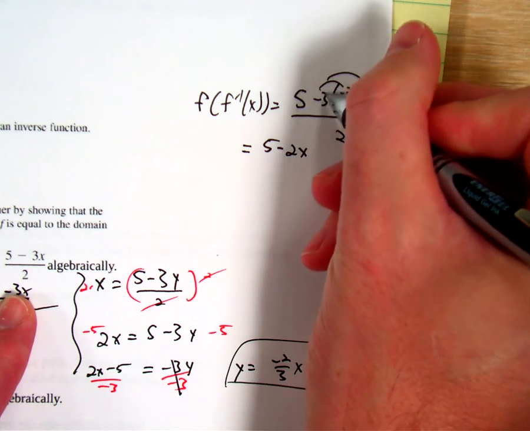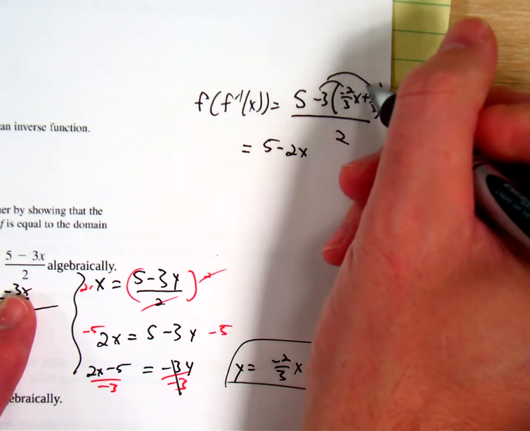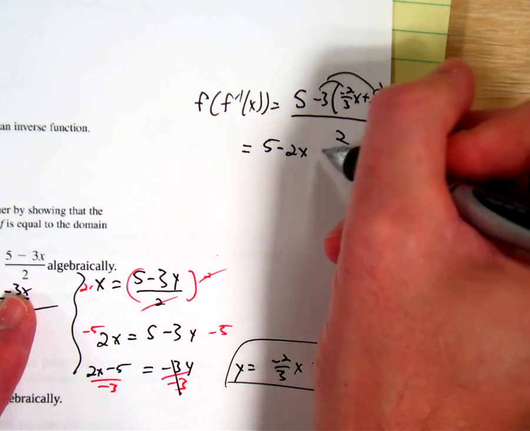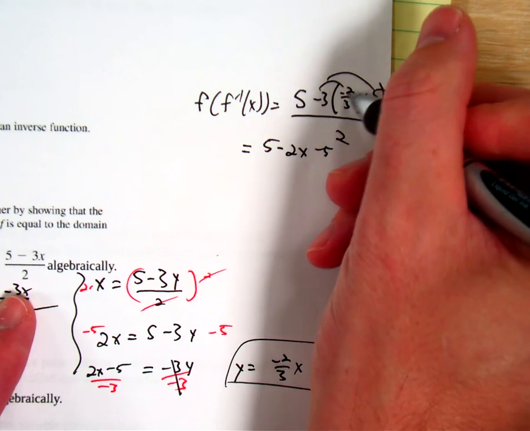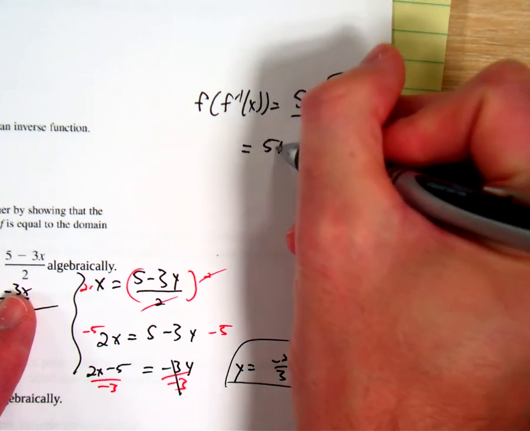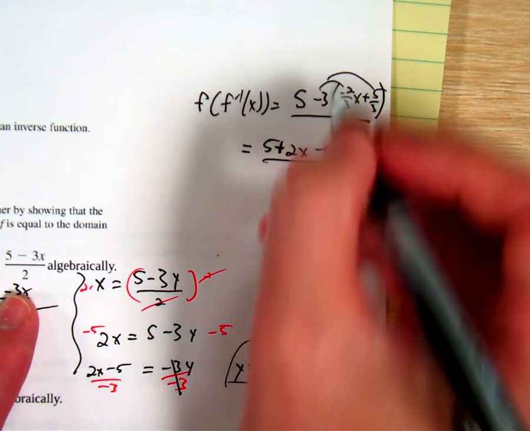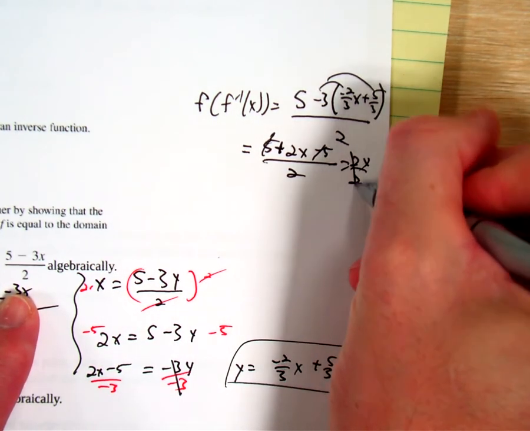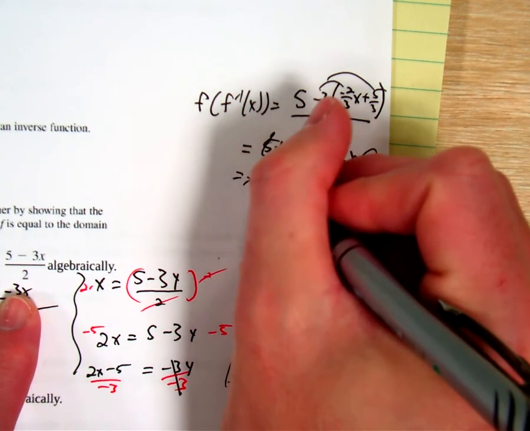And then negative 3 times 5/3. The 3's cancel out and leave a negative 5. Oh, this is a positive, isn't it? Negative times a negative is a positive. All over 2. Plus 5 minus 5. 2x over 2. The 2's cancel out, and we're left with x. And that's what we want.